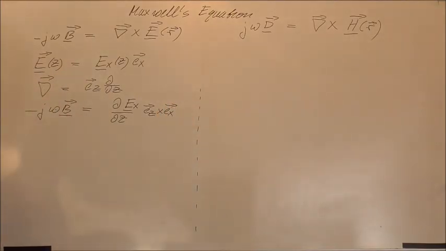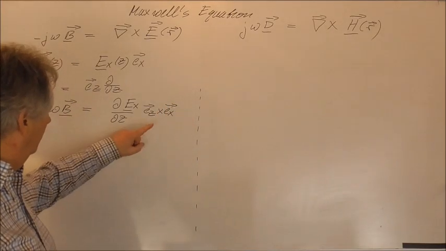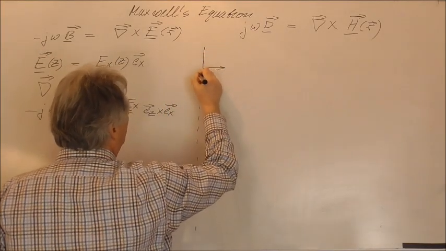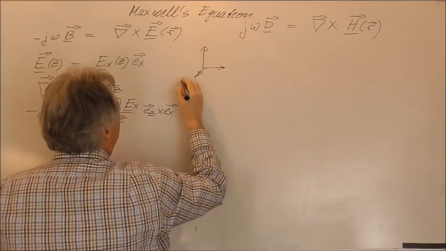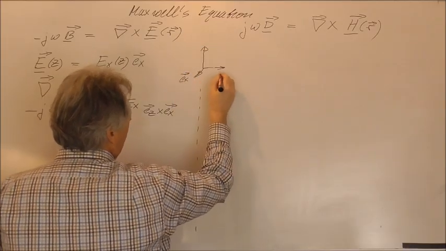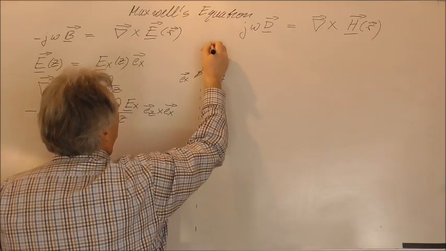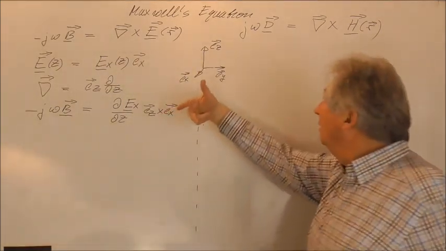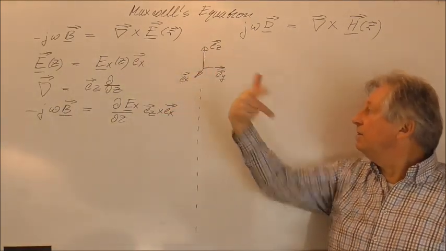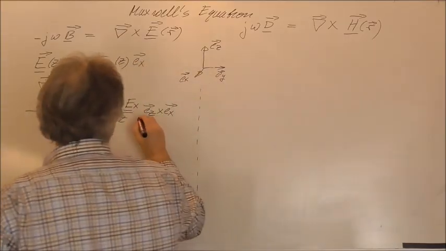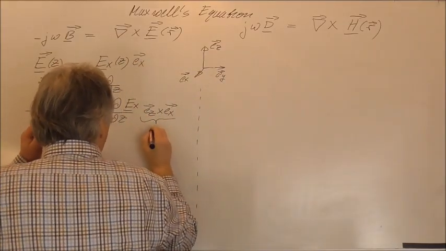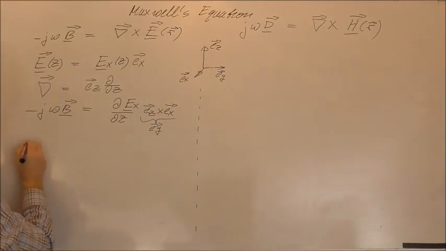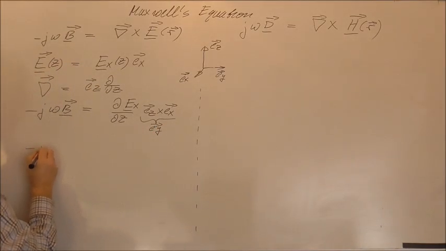To get the result of the cross product, we remember the right-handed coordinate system I introduced, with the unit vectors Ex, Ey, and Ez, and you will find Ez cross Ex will be Ey. So we have here Ey, the unit vector in y direction.